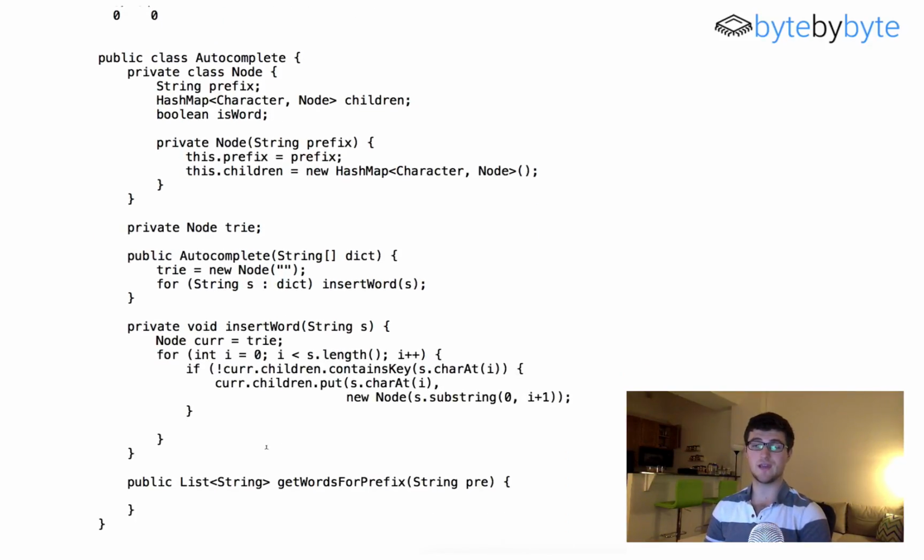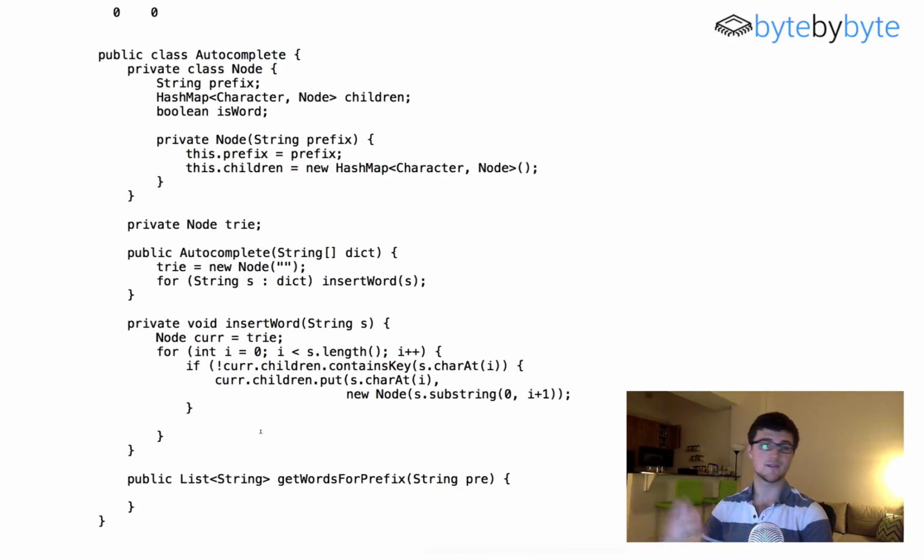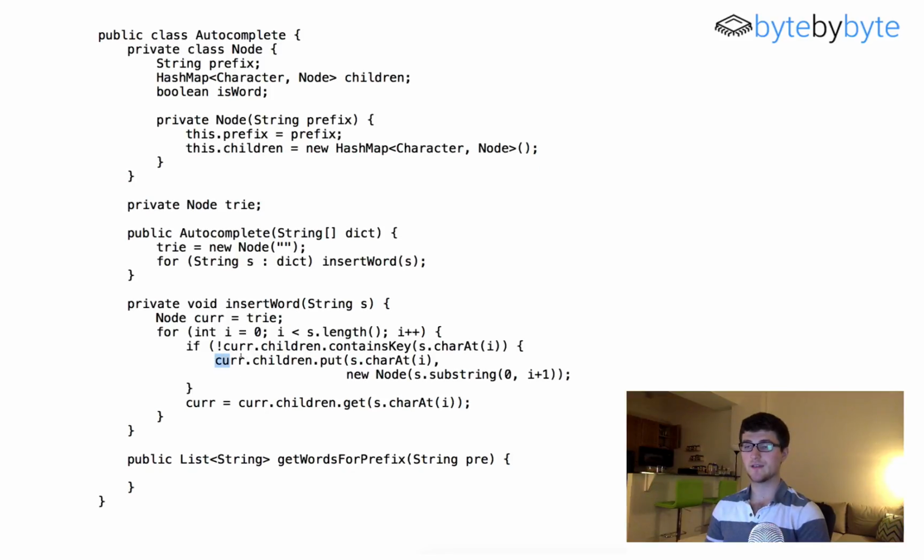Otherwise, we could just say the last node is always marked as true, but we will just do that manually here. So we'll say cur equals cur.children.get(s.charAt(i)), right? In this case, we are putting it and then we're immediately getting it back again. But in the case where it was already in there, we're getting it for the first time.